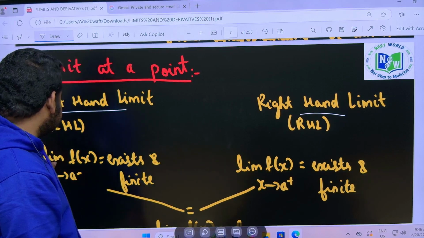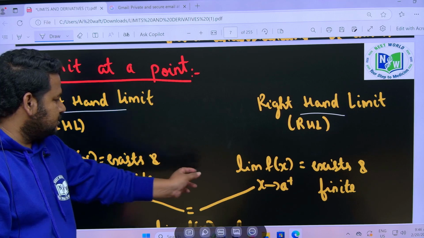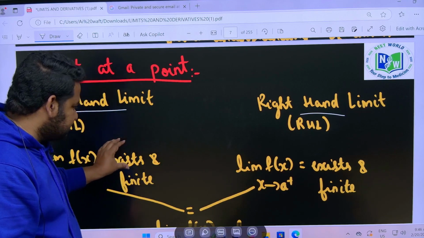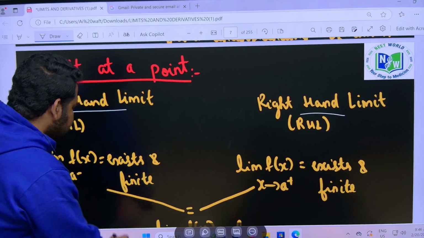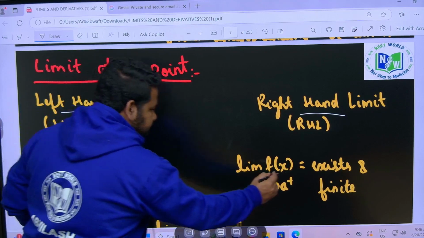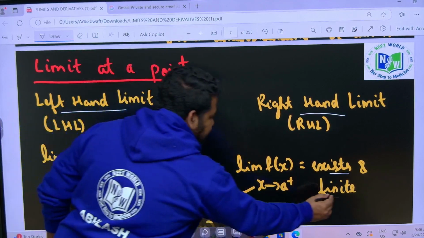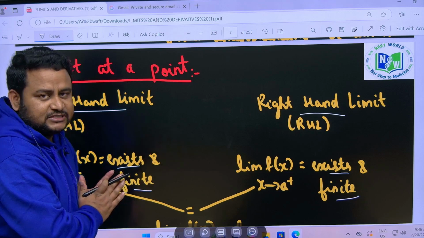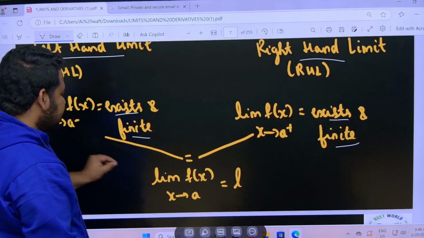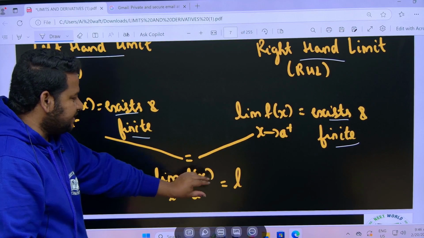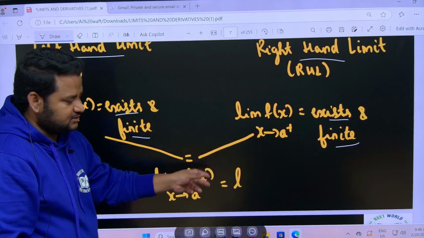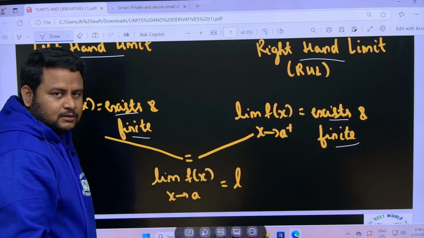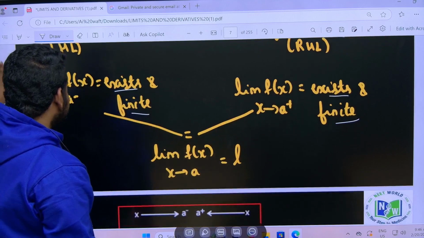First it should exist, the value should be finite, and the two values LHL and RHL should be equal to each other. Then we say that limit f(x) as x tends to a is equal to L, where L is whatever value we get on computing this. That is the meaning of limit at a point.